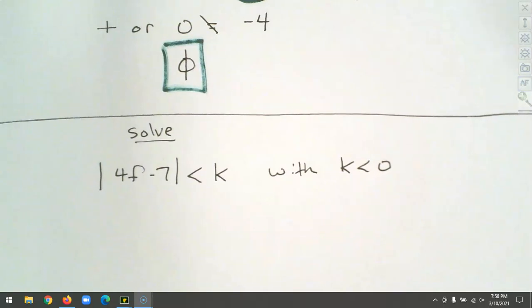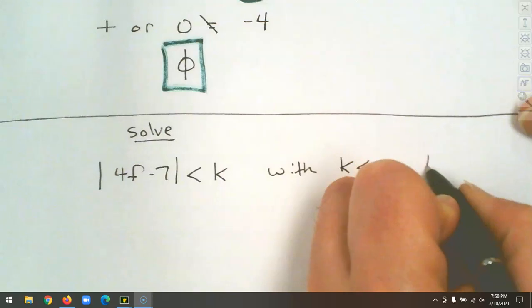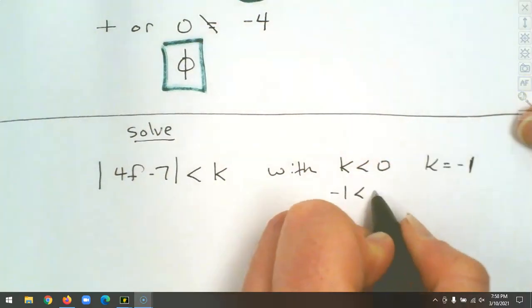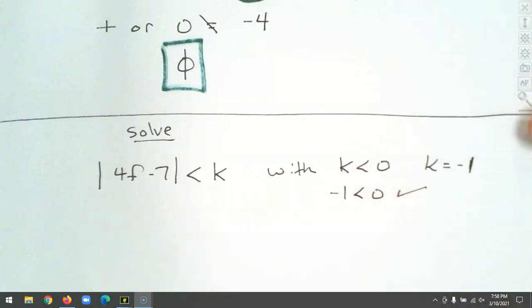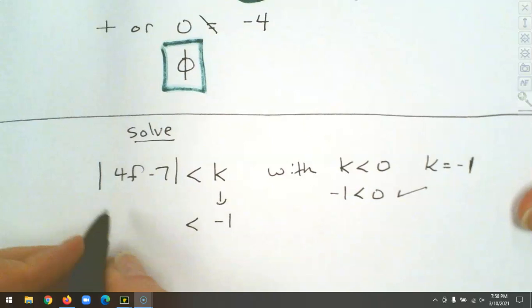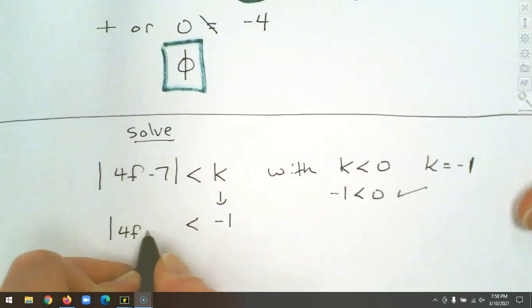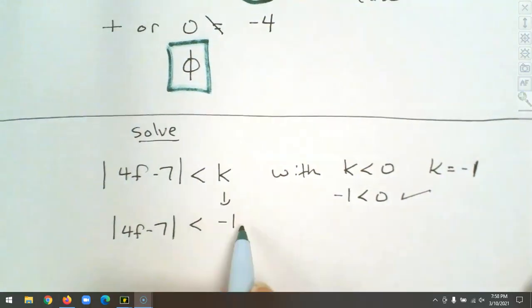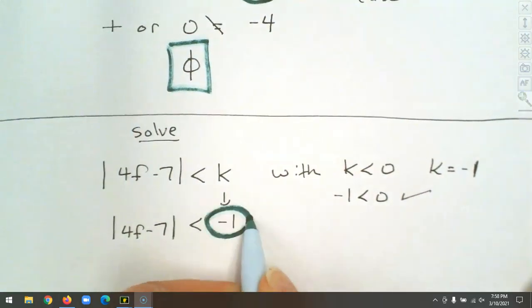So let's pick a number that's going to work. How about we use k equals a negative 1? And is negative 1 less than 0? Yes. You could have used negative 20, negative 3. It doesn't matter, as long as your k is less than 0. We're going to use a negative 1, which it is. And now what do we know again about this absolute value? Well, the absolute value is all alone on the left.